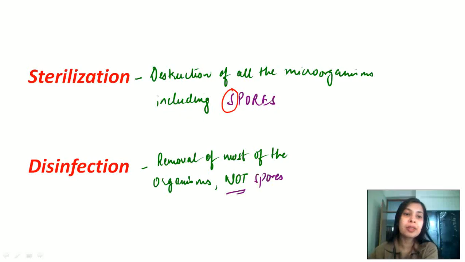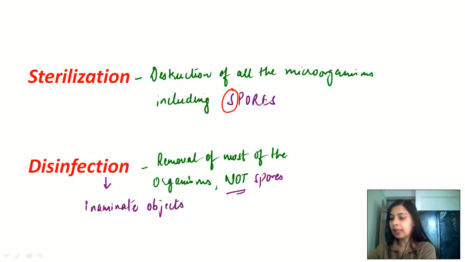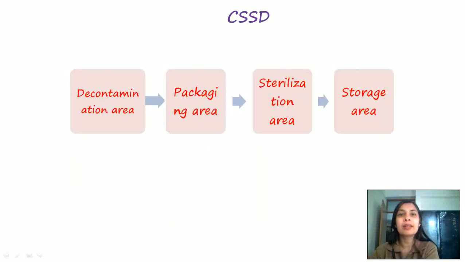Also, one more difference is that disinfection is used for inanimate objects and not for body surfaces. Okay. So this is the definition of sterilization and disinfection, and further we proceed with the methods of sterilization.